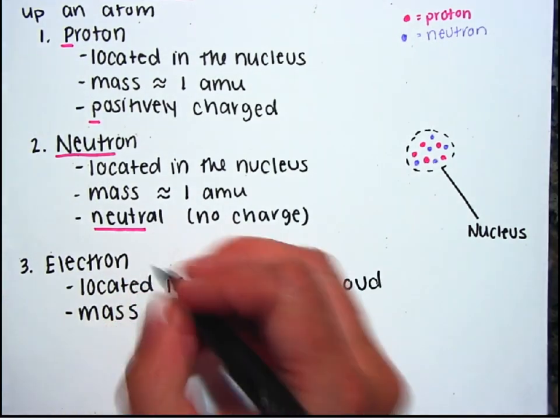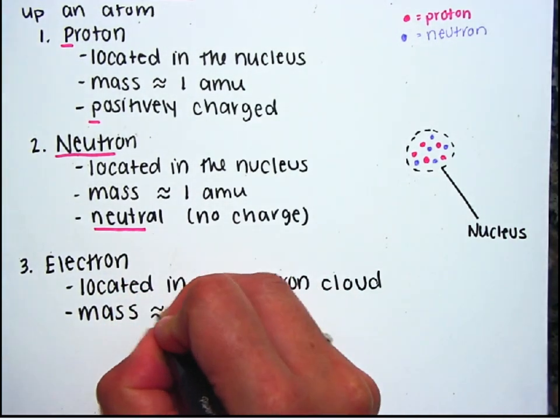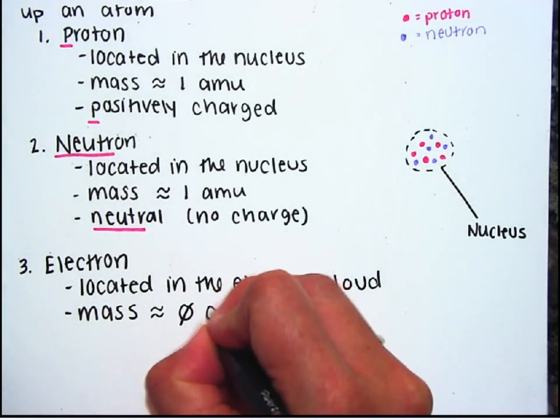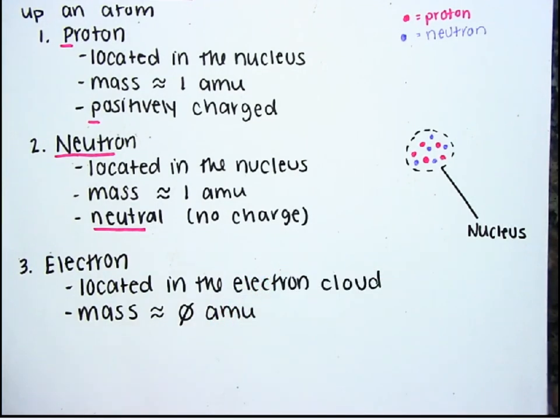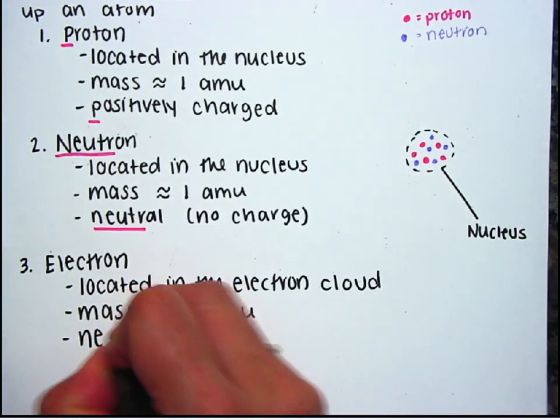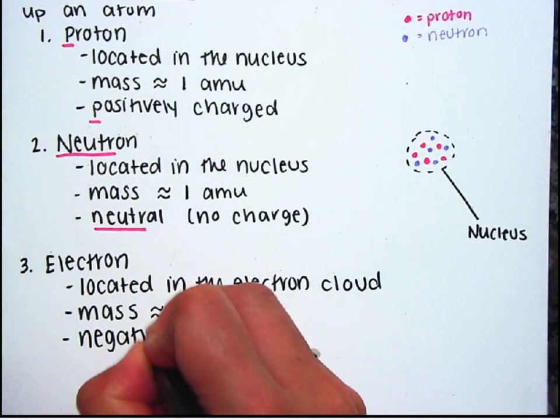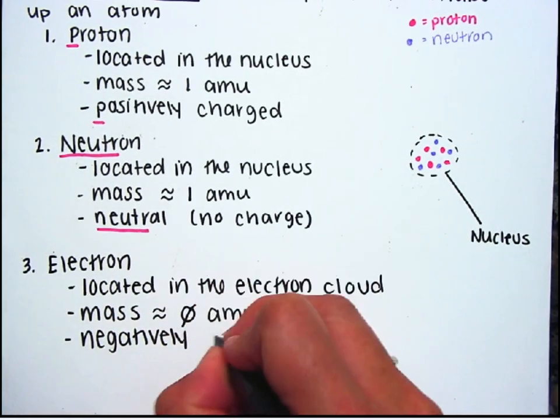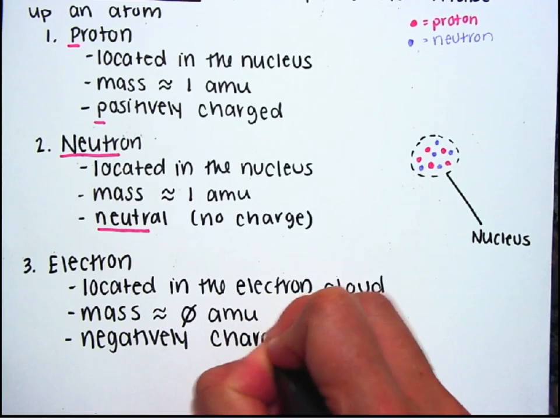Electrons have virtually no mass, about 0 AMU, virtually massless. And electrons are negatively charged.